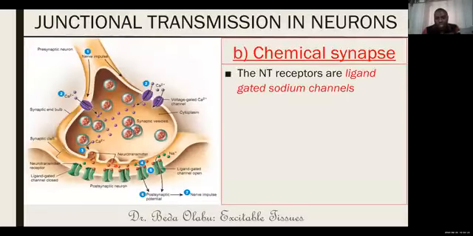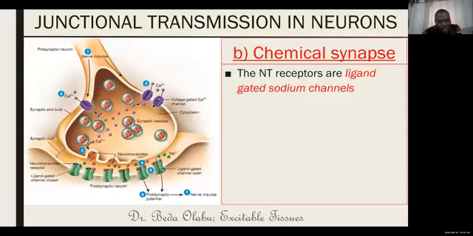If you follow this diagram, the chemicals are within the vesicles here. The vesicles have docked, and then the chemicals have been released into the synaptic cleft.